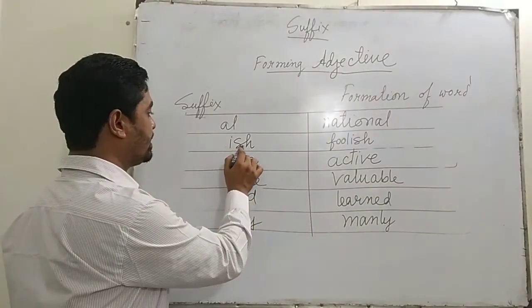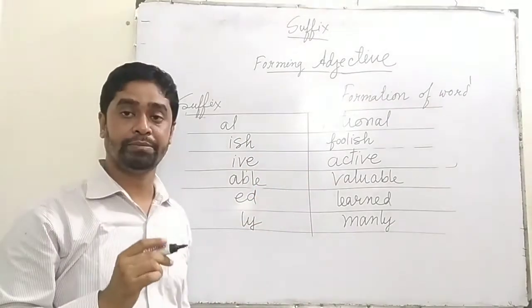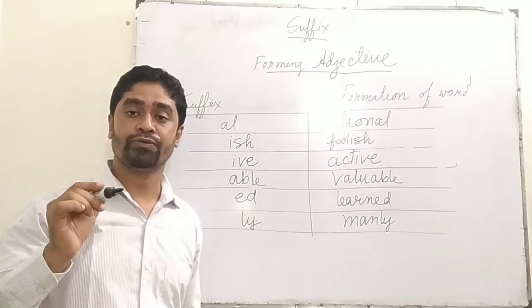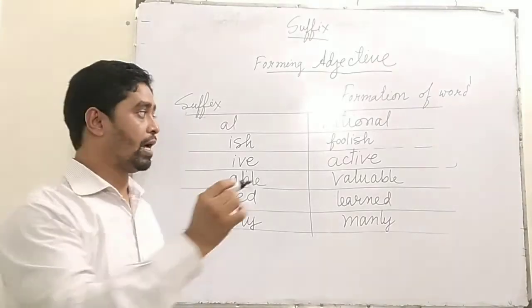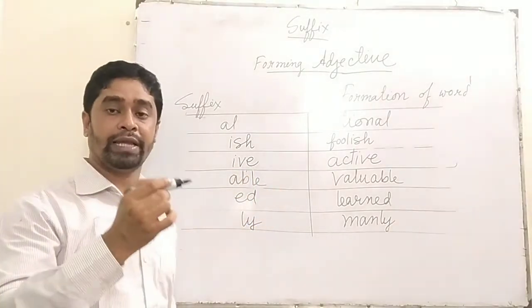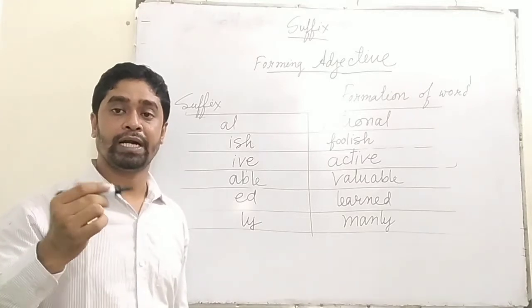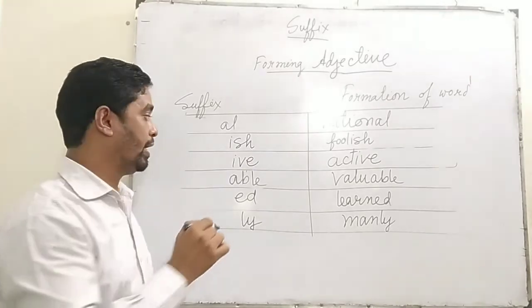Next, ISH. It creates a new word, foolish. That means in this foolish, the root word is fool. It is a noun. After adding the suffix, it changes its part of speech and it makes an adjective.